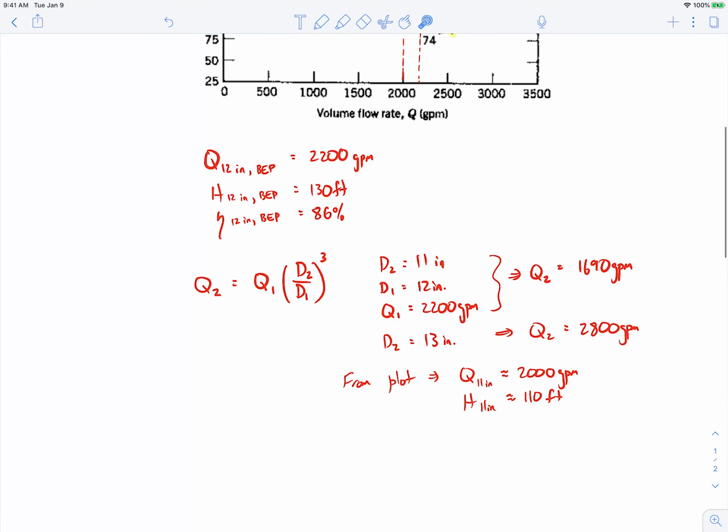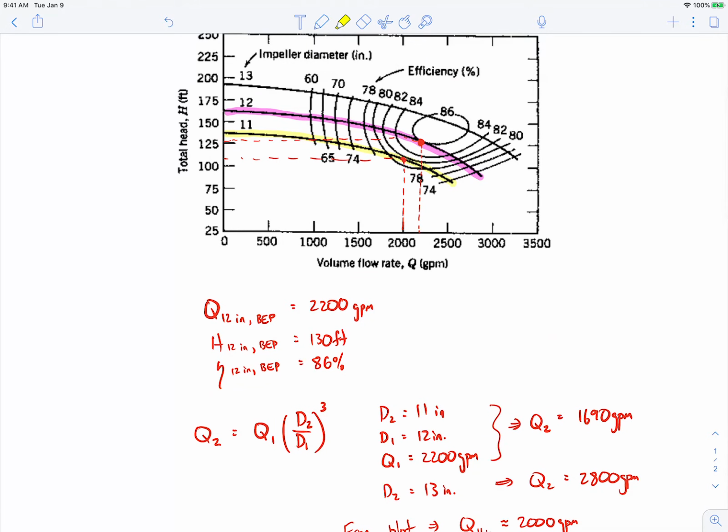If we do it for the 13-inch impeller, let me go back up to the plot and show where that one is. So here's our 13-inch impeller. Our best efficiency point is right about there. And there's our volumetric flow rate. Looks like it's pretty close to about 2,500 gallons per minute.